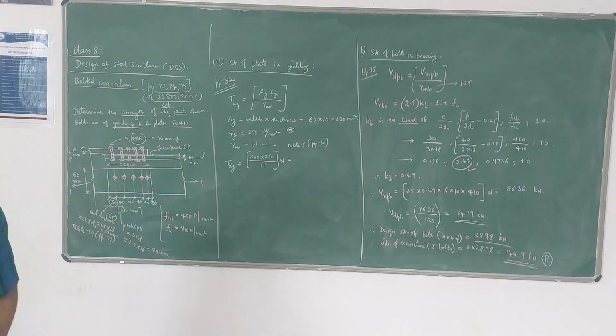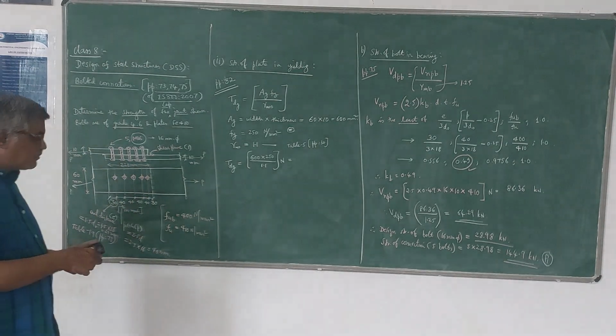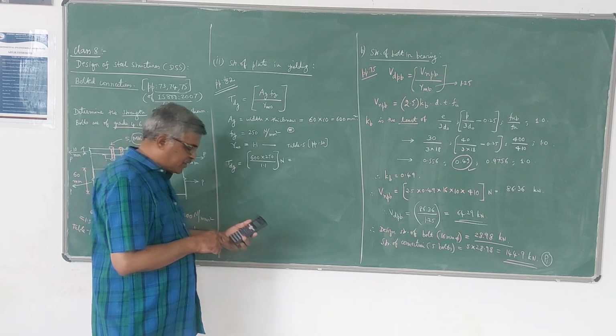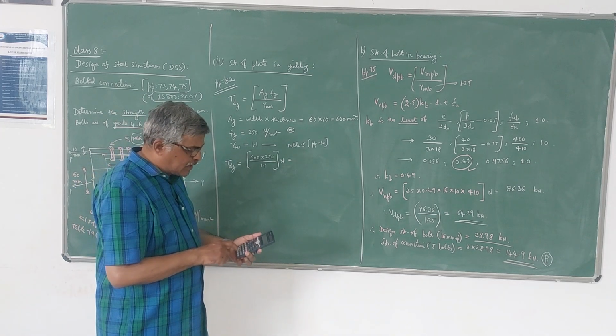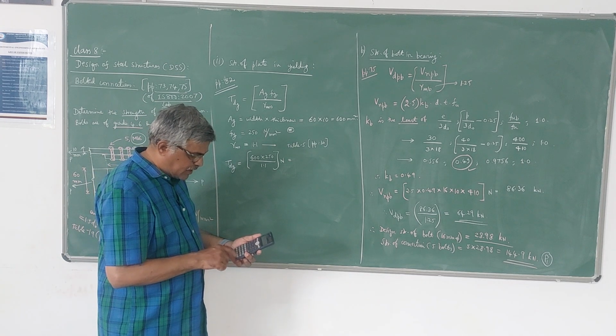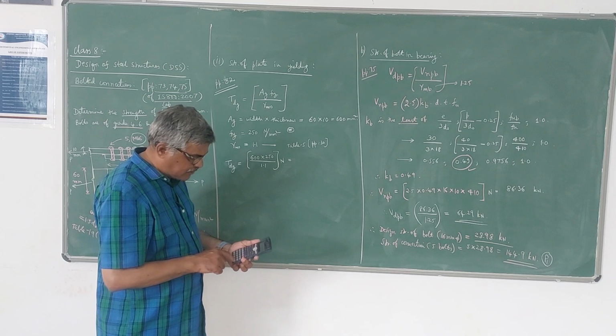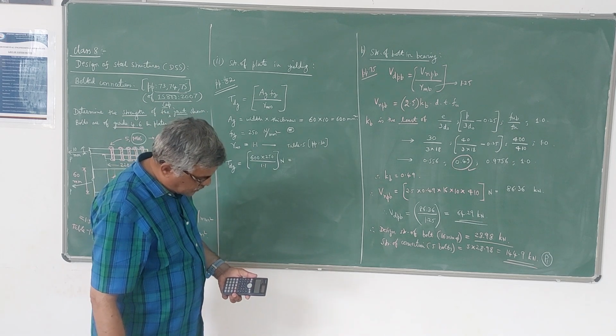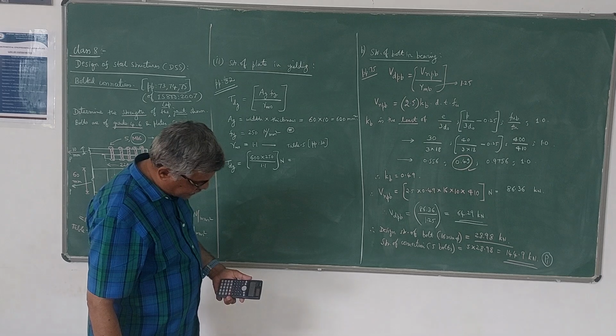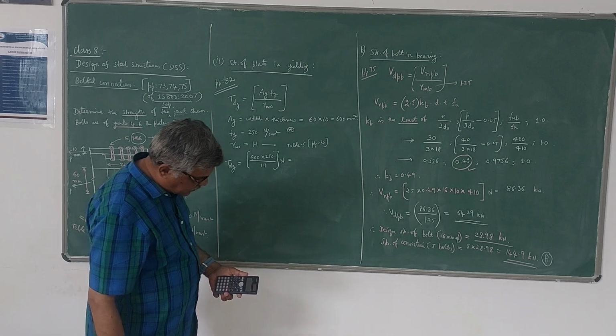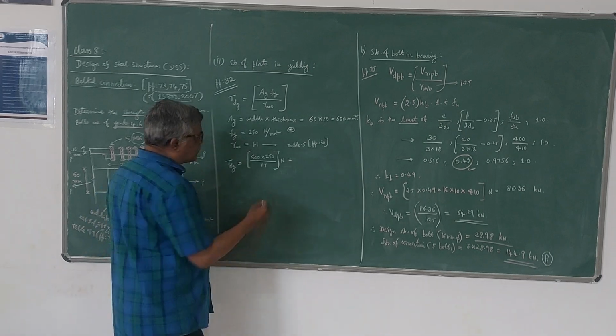We can convert it into kilonewtons by dividing by 1000. So 600 into 250 divided by 1.1 will come to 136,363 Newton, or 136.36 kilonewton.